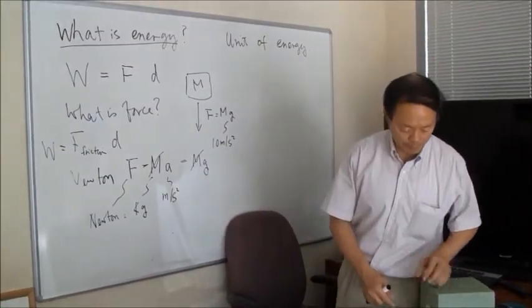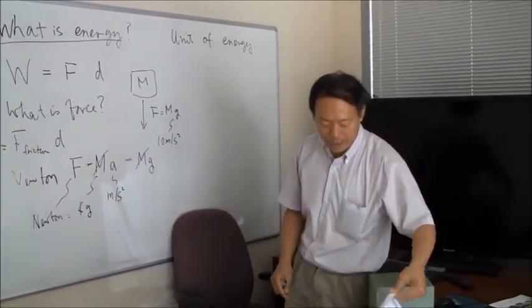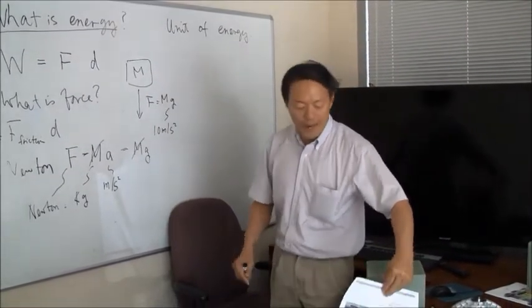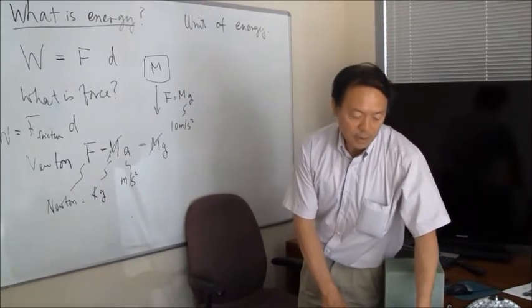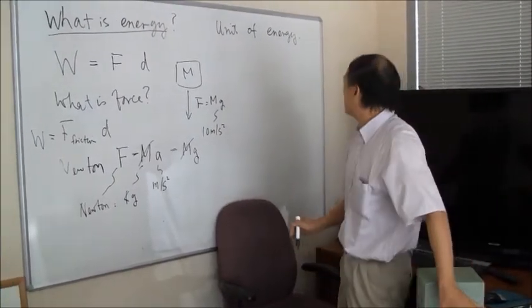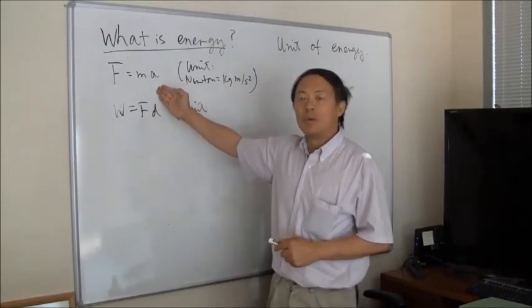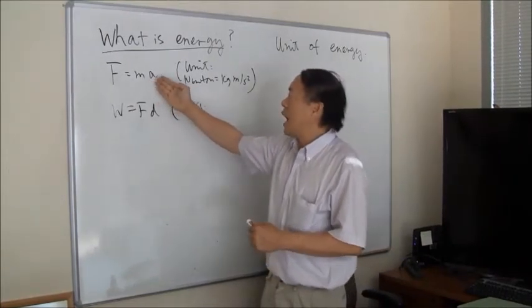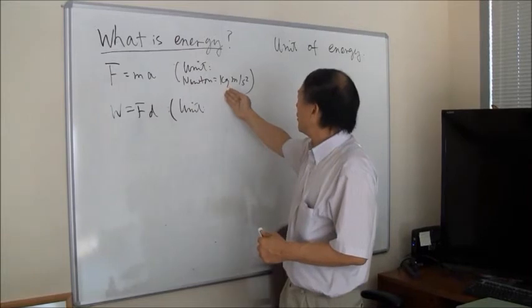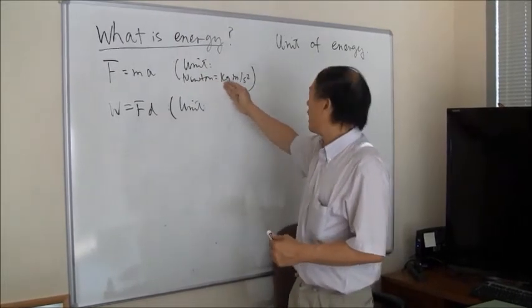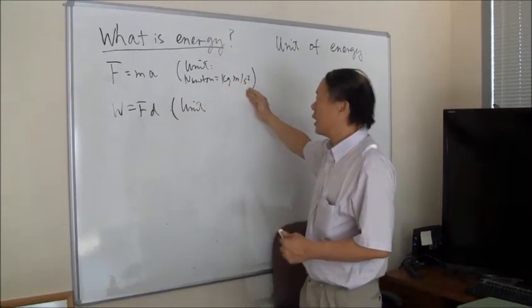Now we're going to look at what happens if I need to lift a weight of 1 kilogram. So let's review a little bit of what we've learned so far. We have force equal to ma, and the unit of that is the Newton, given by kilogram meter per second squared.